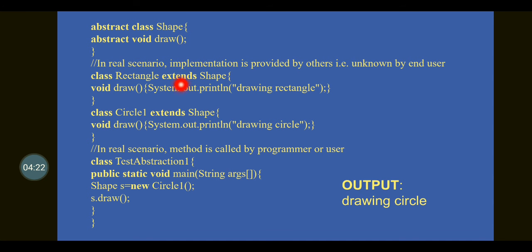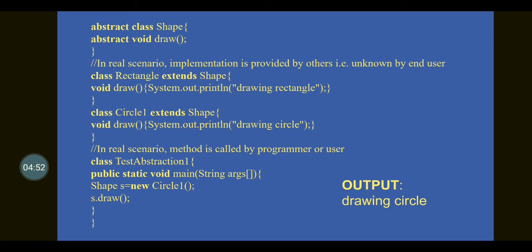So let us have the derived class Rectangle, which is inherited from the Shape class. For the abstract method declared in the abstract class, it is possible to have the definition in the derived class. So for the draw() method we have given the definition, that is a println statement, drawing rectangle.